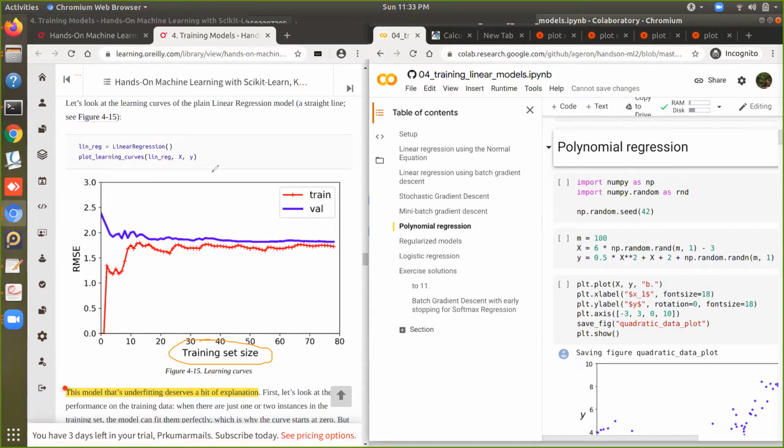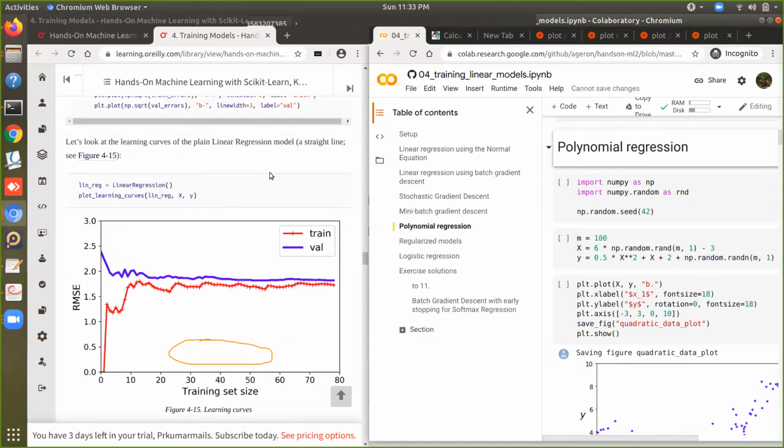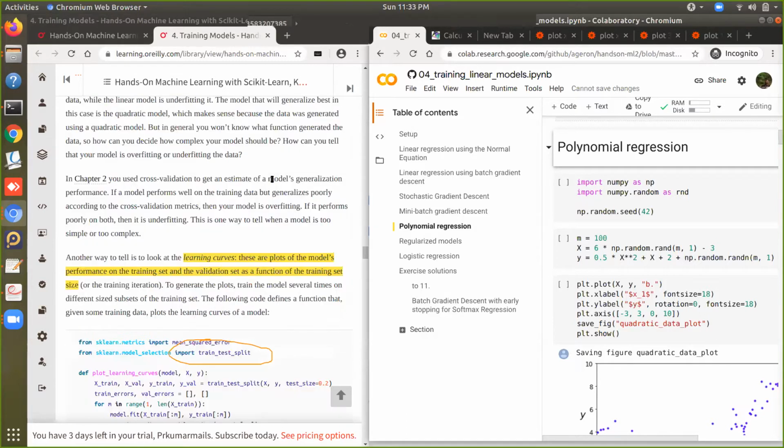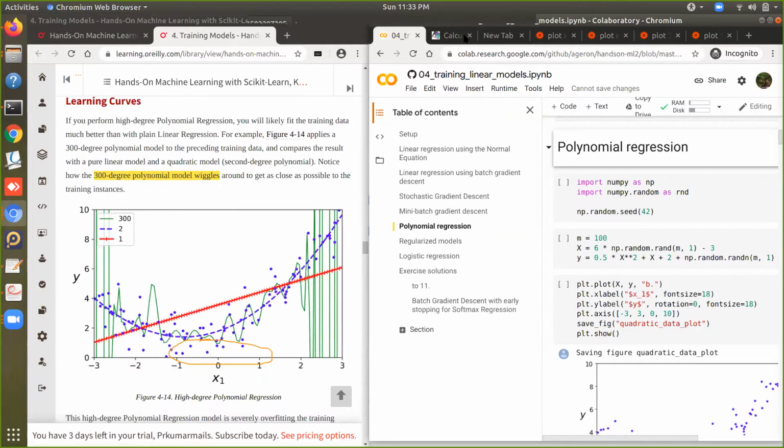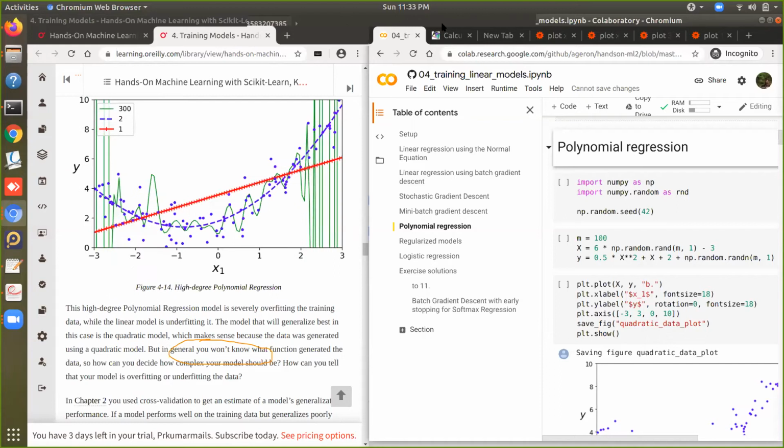So for example, the first plot that he had at the top above this one, where he had the 300 and the 10, that's a very nice plot. You can see how on the 300, it was all over the place.